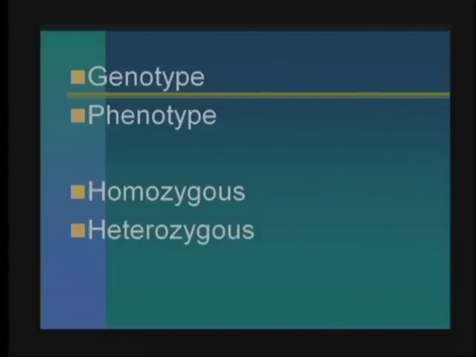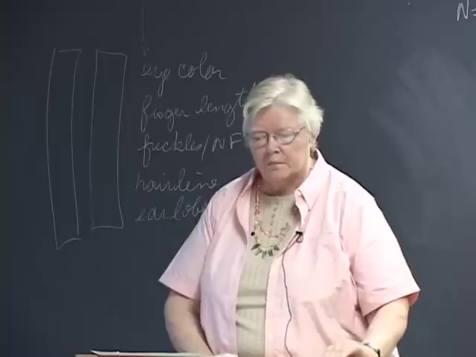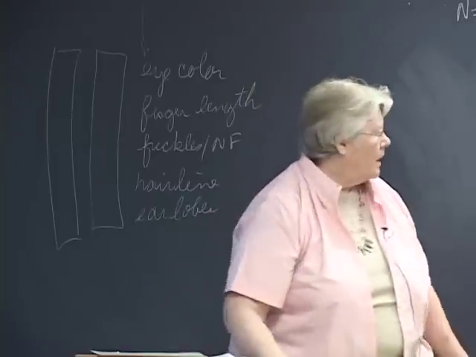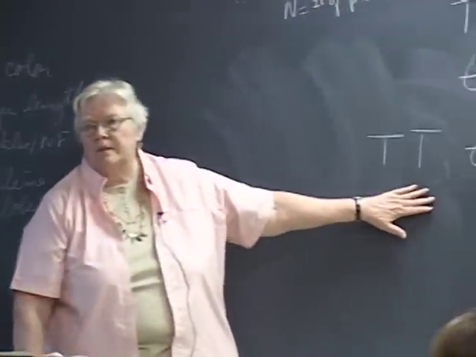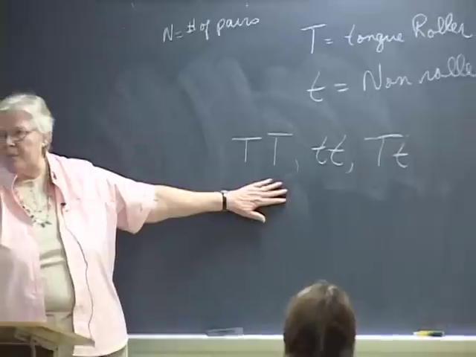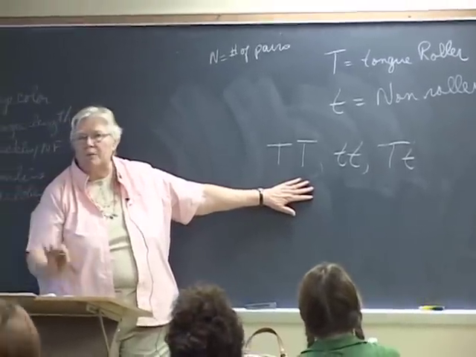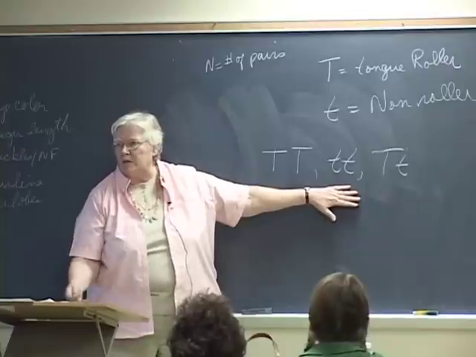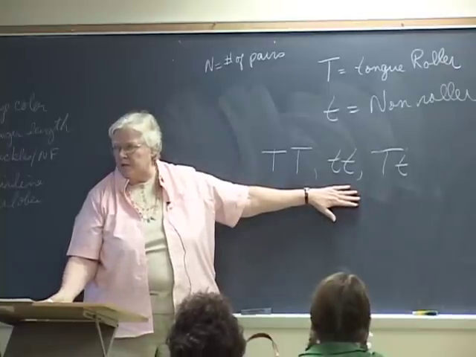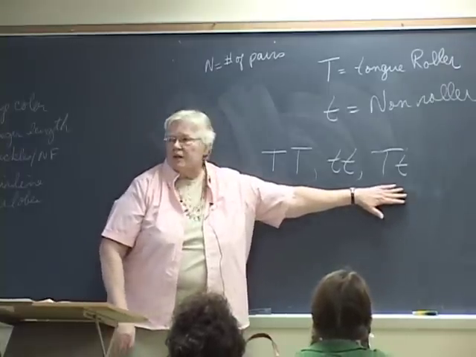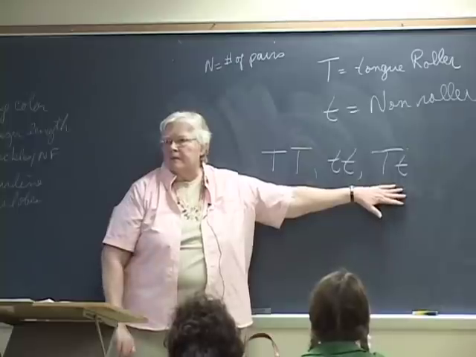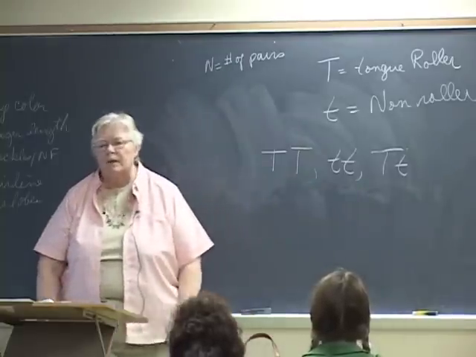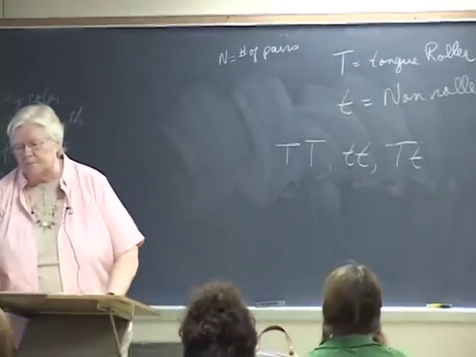Heterozygous, the two genes in a pair are different. Okay. So looking at this, a person with this genotype, large T, large T, is going to be homozygous for the trait. A person with this genotype, small t, small t, is going to be homozygous for the trait. A person with this genotype is going to be heterozygous for the trait. They're going to possess one of each characteristic.